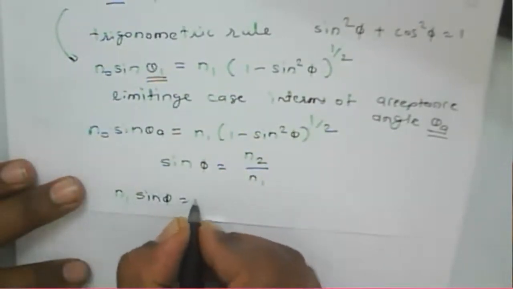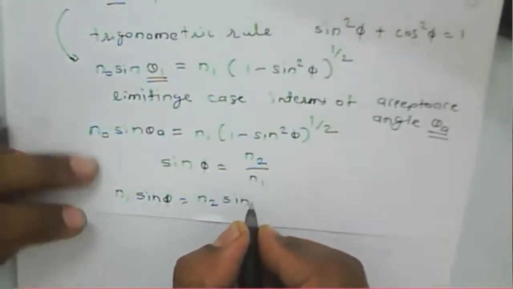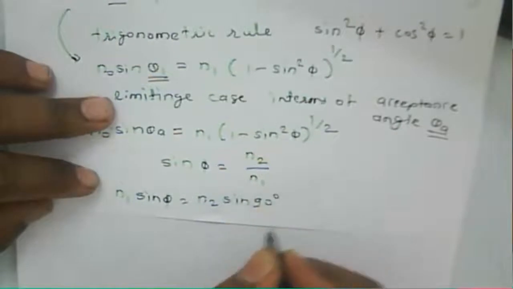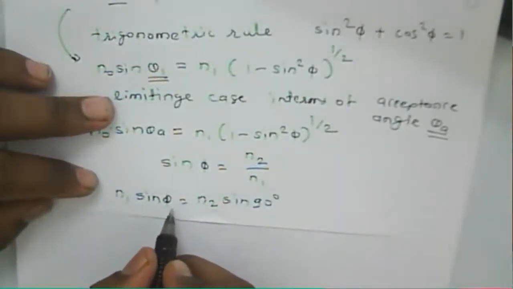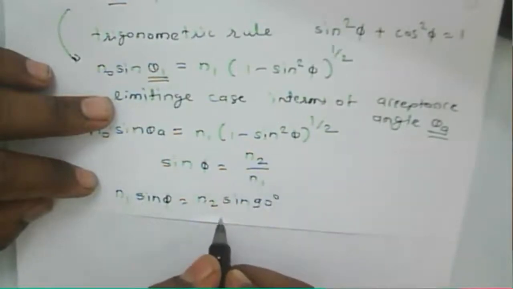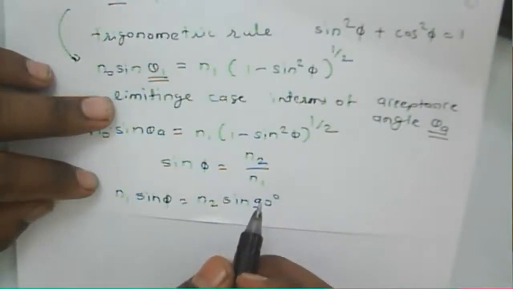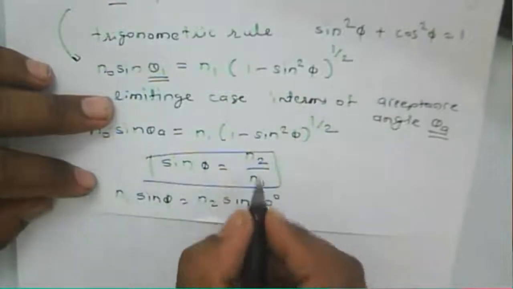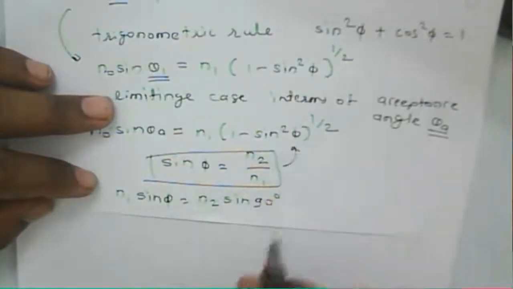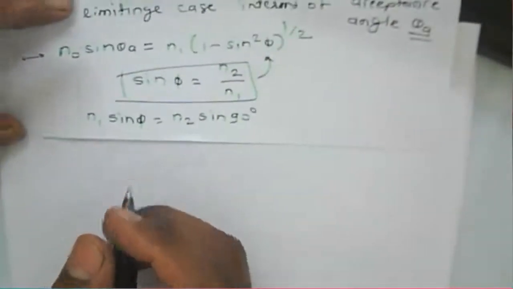Now we have seen earlier that sine phi is equal to n2 by n1. Why is sine phi equal to n2 by n1? Because earlier we saw that n1 sine of phi is equal to n2 sine of the angle, and that angle we considered to be 90 degrees.